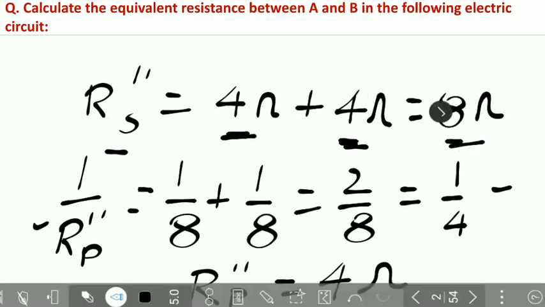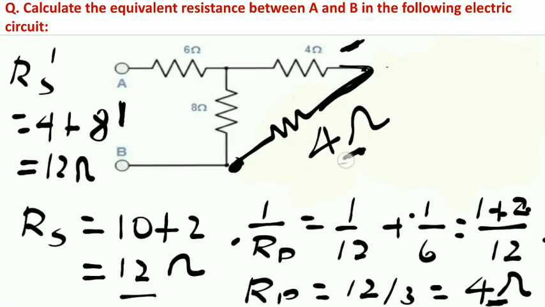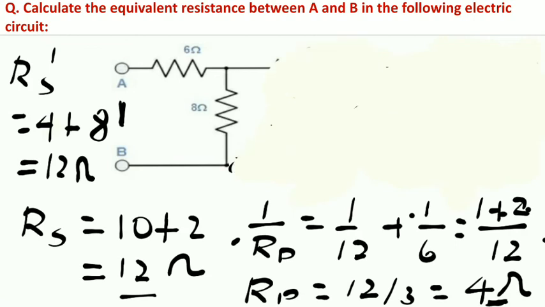So watch here. The resultant of this 4 ohm and this 4 ohm becomes 8 ohm. So let us remove these two and place the value of resultant. So we have removed these two resistors and the resultant of them is 8 ohm. So place here 8 ohm.